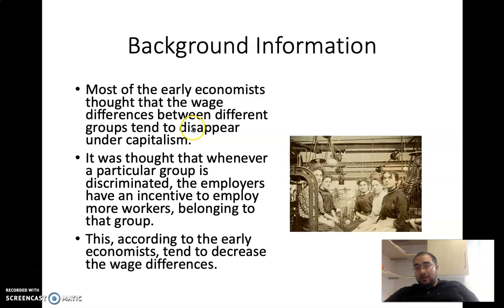So the main argument, and you will see this argument also in detail, of mainstream economics, I mean the most common view, is that a capitalist system should end discrimination. Why?